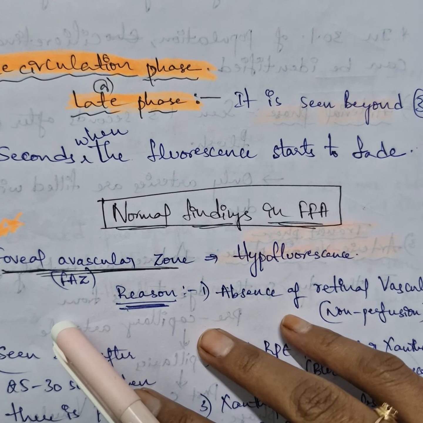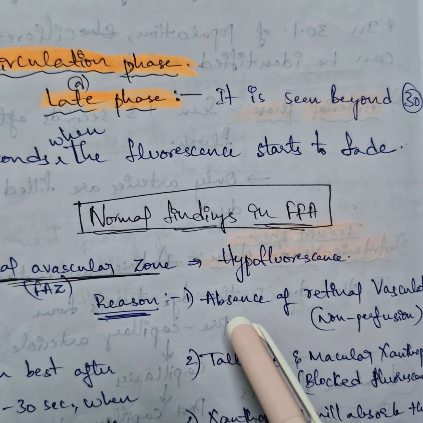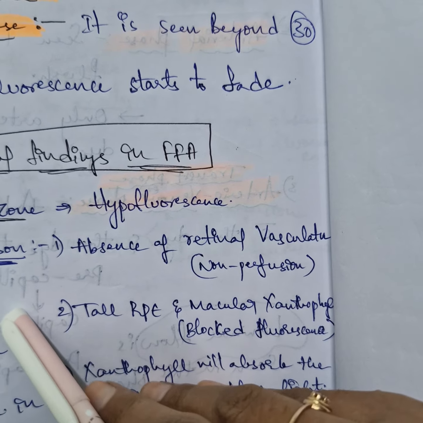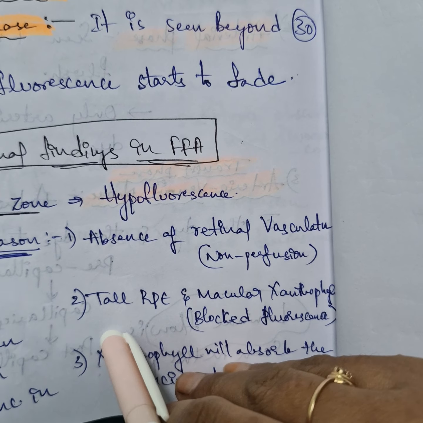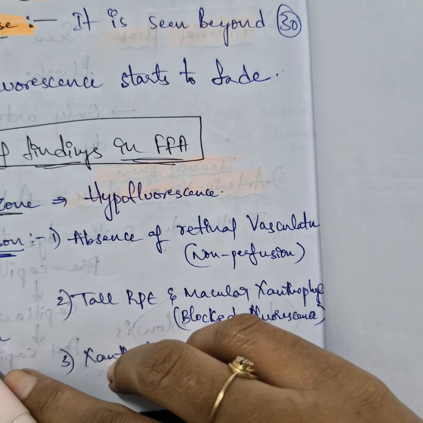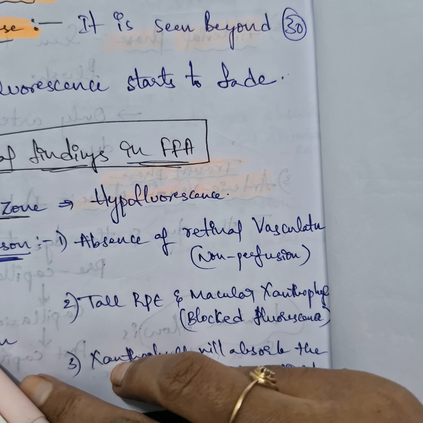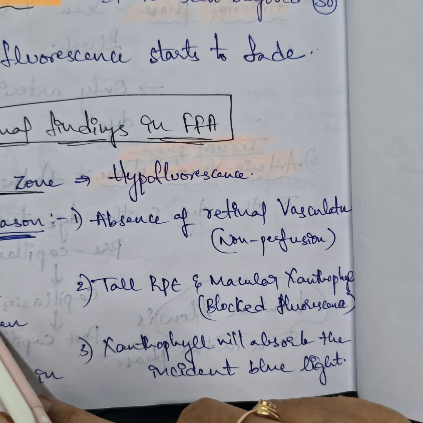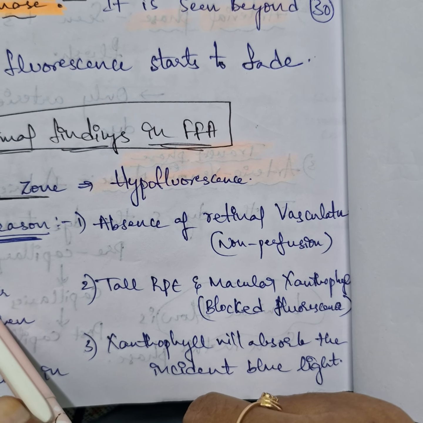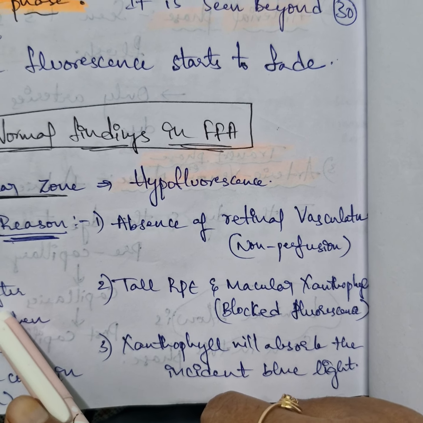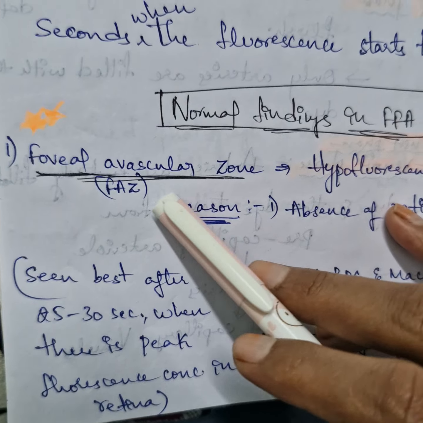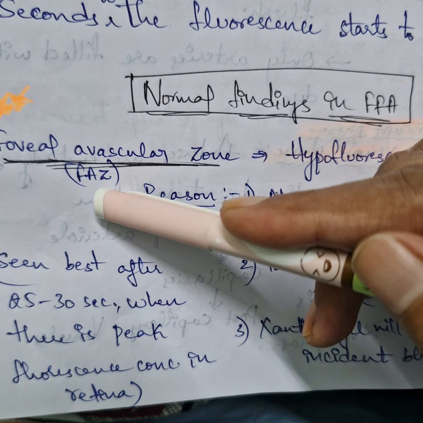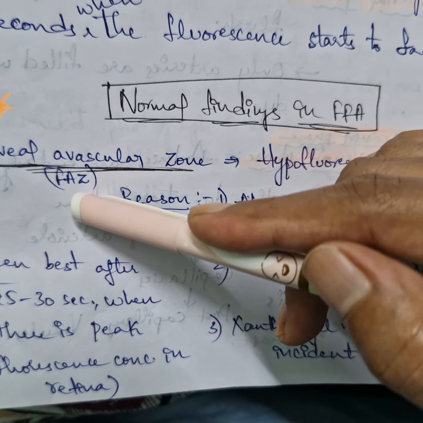The reasons for this foveal avascular zone, as we said before, is due to absence of retinal vasculature, that is non-perfusion, and the RPE cells are tall, and there is macular xanthophyll. Both can block the fluorescence and can lead to hypofluorescence, and also this macular xanthophyll will absorb the incident blue light. This foveal avascular zone can be seen best after 25 to 30 seconds when there is peak fluorescence concentration in the retina.